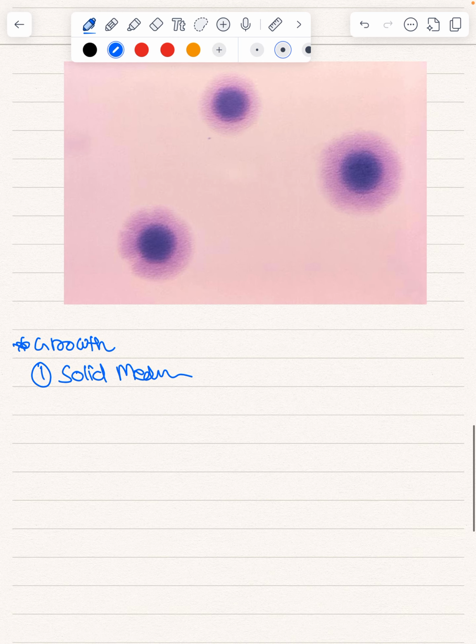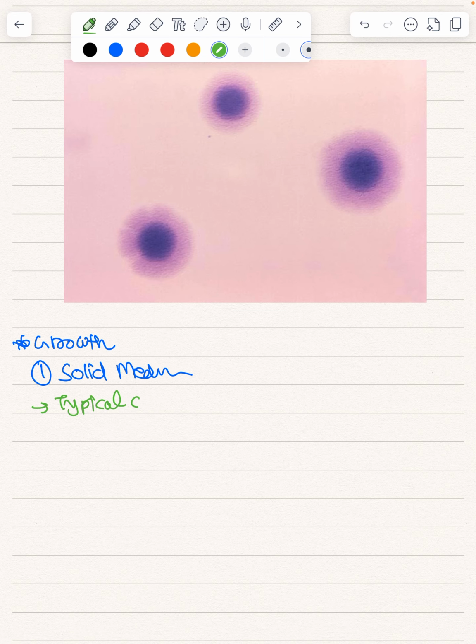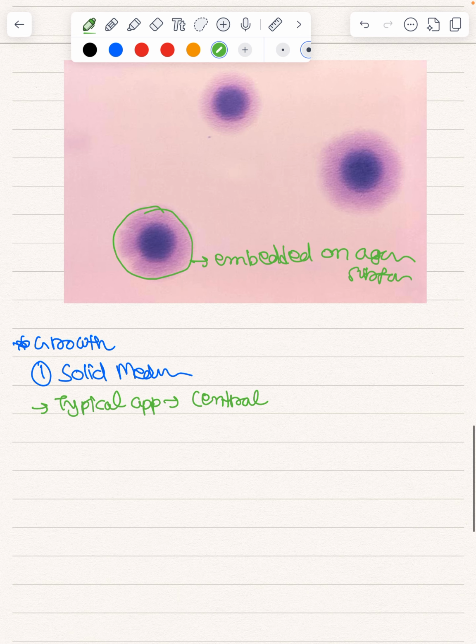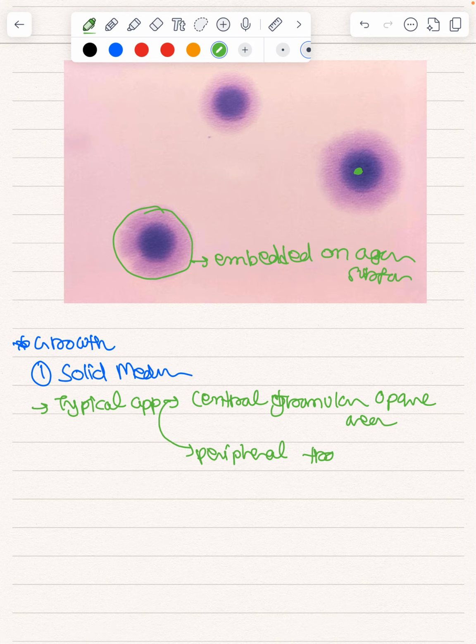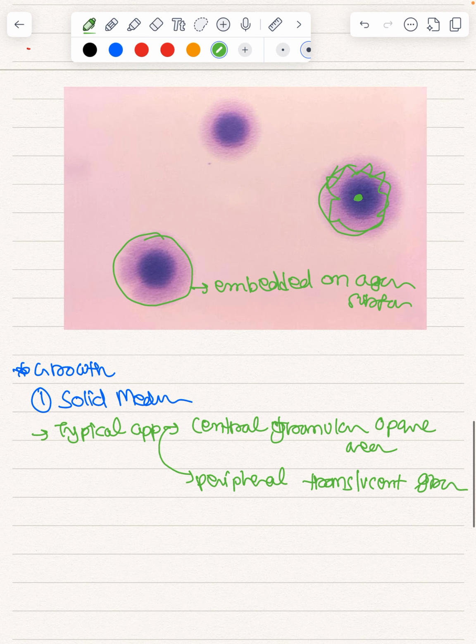In the solid medium, the typical appearance of the Mycoplasma colonies is that they are embedded in the agar surface, with a central granular opaque area surrounded by peripheral translucent, hazy growth, in the standard solid medium.